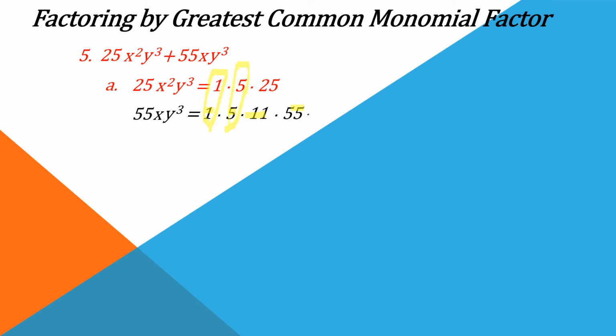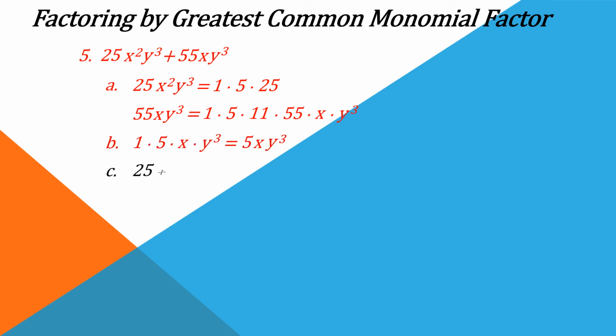And we will take the variables, or least exponent of the variables, which is x and y cubed. Therefore, our greatest common factor is 1 multiplied by 5 multiplied by x multiplied by y cubed, or 5xy cubed.